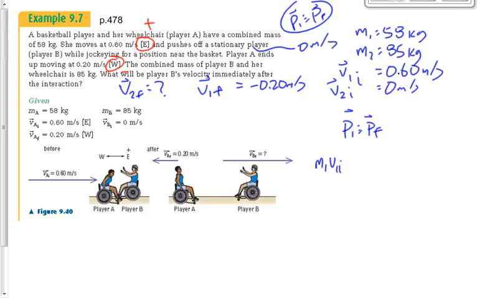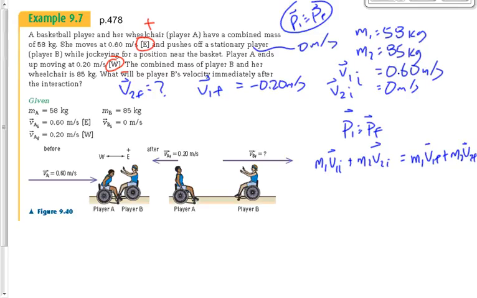M1 V1I plus M2 V2I. How many objects? I think in the problems you had last night, they always stuck together, didn't they? Okay, so it was always one object after the collision. Now they stay apart. So now it's two objects. No big deal. Just an extra term, that's all. M1 V1F plus M2 V2F.